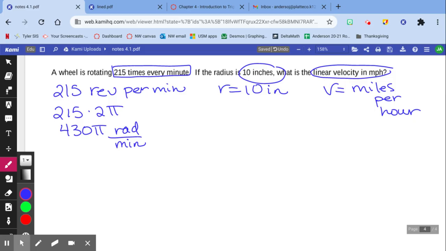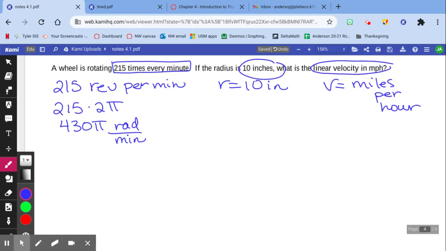So as you notice here, I don't have miles per hour. I have minutes and inches. So this is where your dimensional analysis will come in handy. We're going to start way over here. We have 430 pi radians per minute times 10 inches.